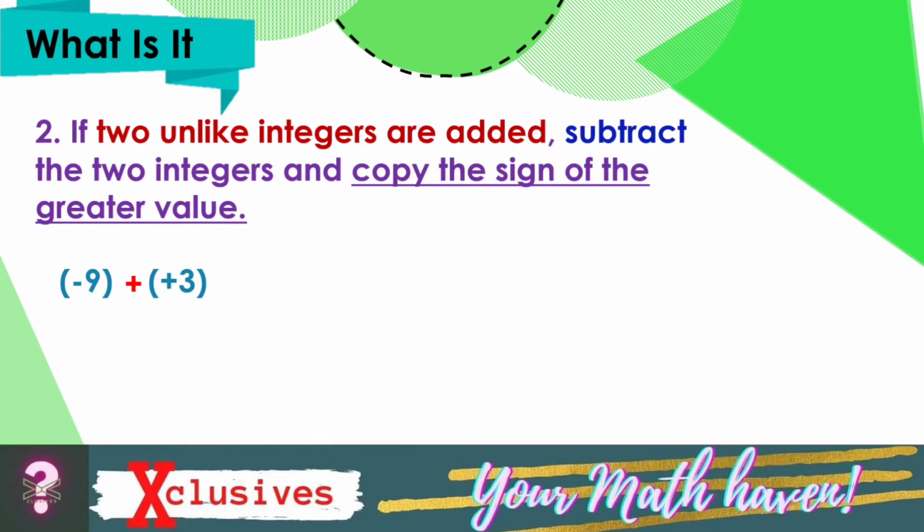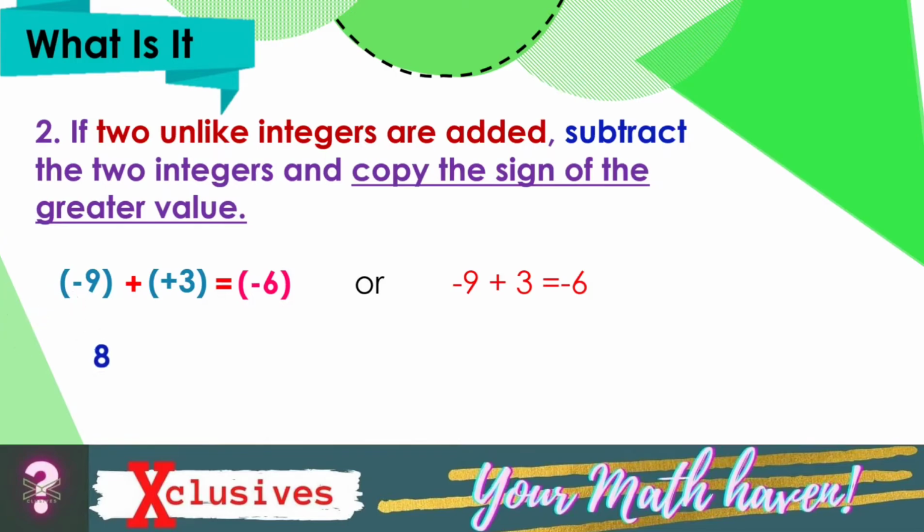We will subtract the two numbers, 9 and 3, and that is 6. Then we copy the sign of negative 9. So the answer is negative 6. Or simply, negative 9 plus 3 is negative 6. I am just removing the parentheses.